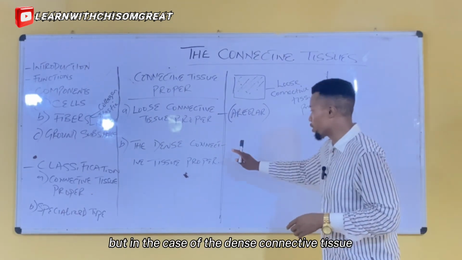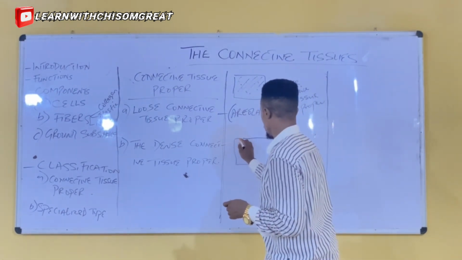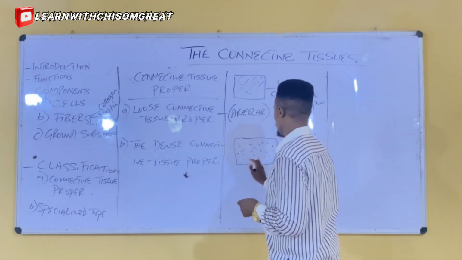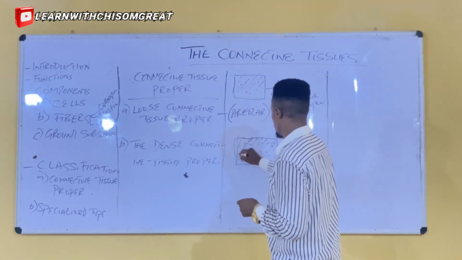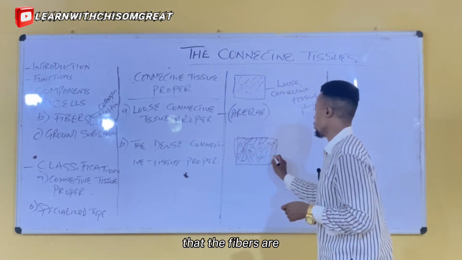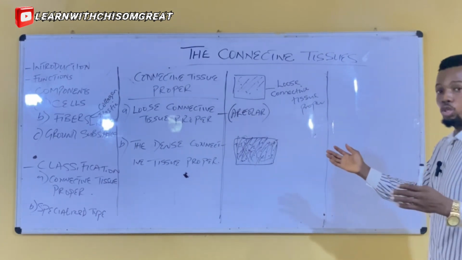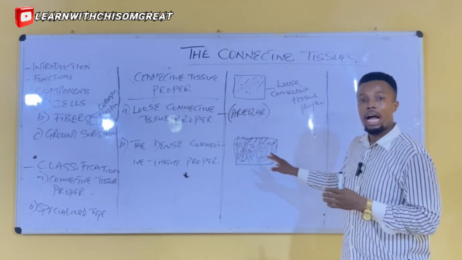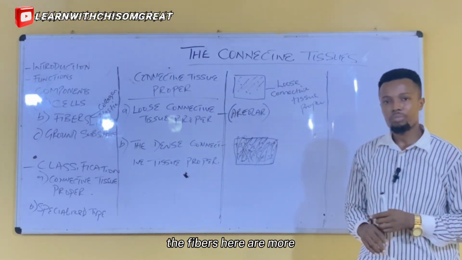But in the case of the dense connective tissue, these are the cells, these are the fibers. So you can see that the fibers are dense. If you look at these two diagrams, you see the difference between the loose type of connective tissue proper and the dense type of connective tissue proper. The fibers here are more.